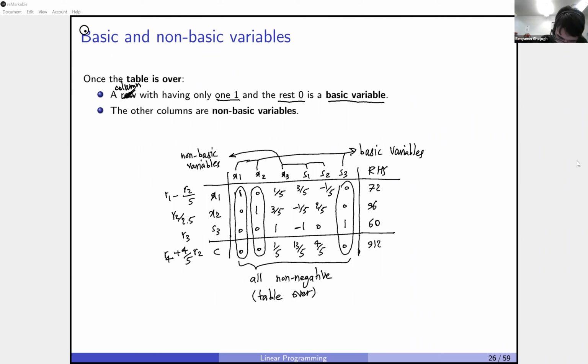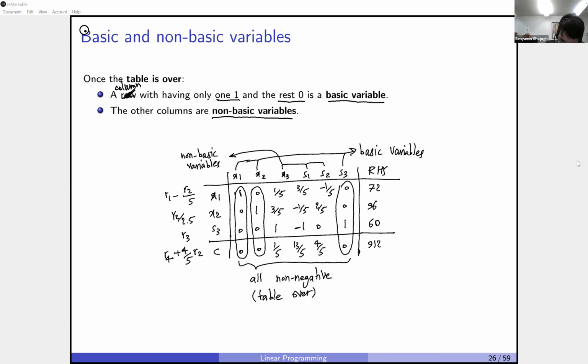Okay, this is a basic. So these are basic variables. X1, X2, S3. As you see, because we replaced the label of the rows, pivot rows with the label of pivot columns, they are repeated here too, X1, X2, S3. These are called basic variables. The rest of the variables, which are X3, S1, and S2, are non-basic variables. These are terminologies in Tableau method, in the Simplex algorithm, right?